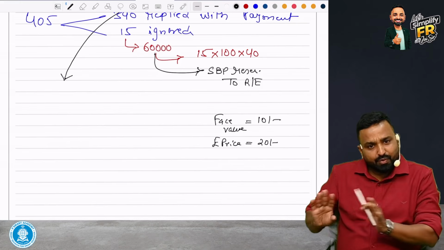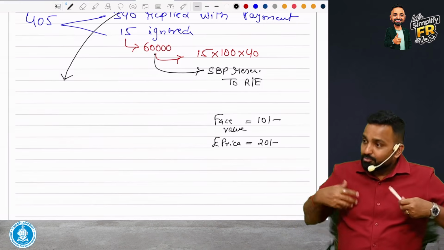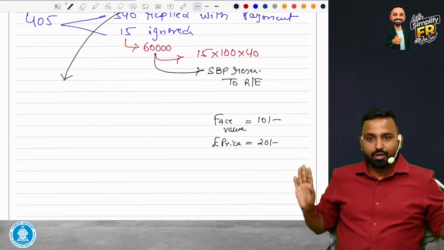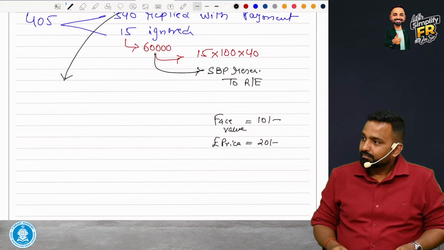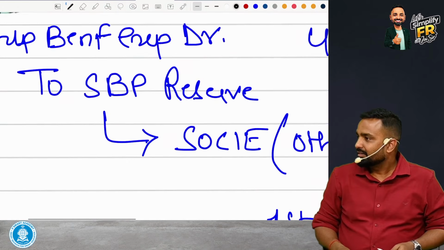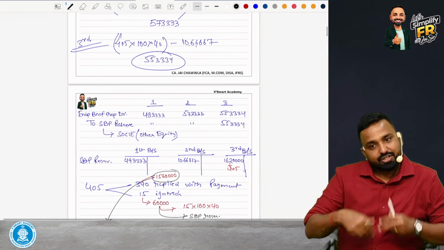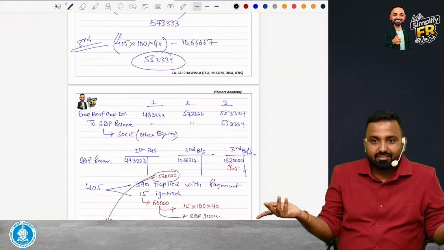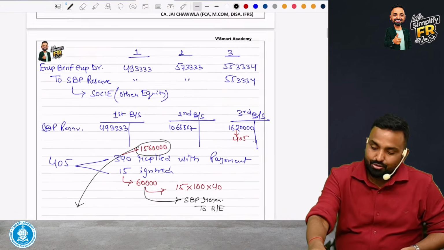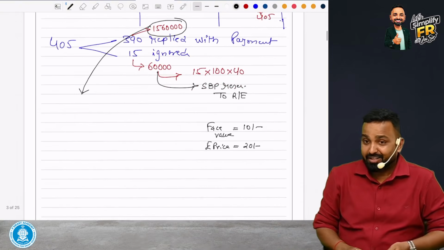Here also we need to do this, but with one more thing: now SBP reserve is also gone. When you were creating SBP reserve, you were crediting it. Now, since you are issuing the share and making settlement, reverse it. So now tell me what should be the entry.